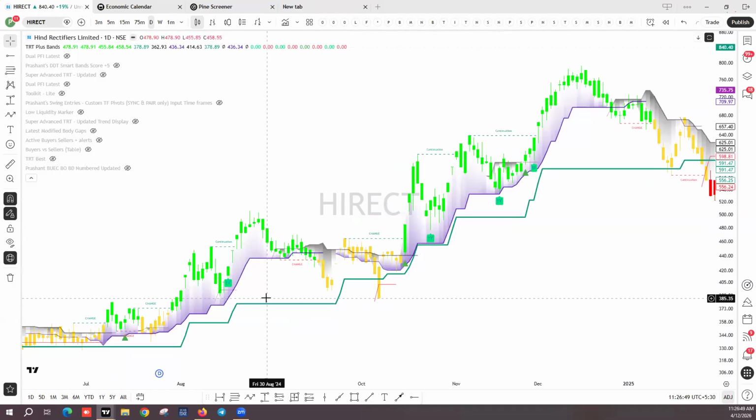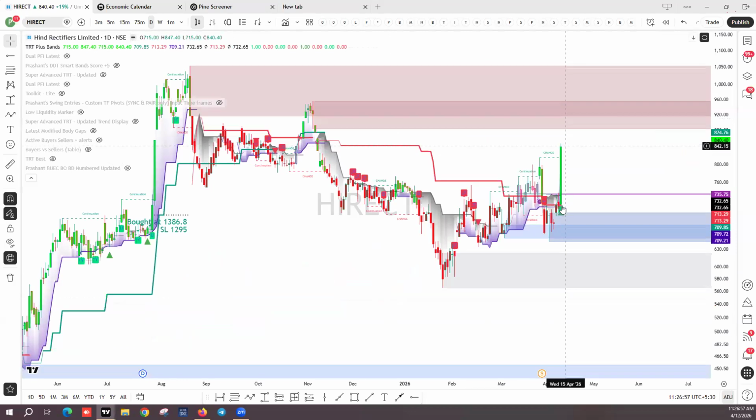Okay, sir. And the logic is the same, that the expansion has already happened with a big candle, so it is less likely to expand continuously, and the risk reward is not favorable. How much is the expansion here? You can notice it is 14-15%.